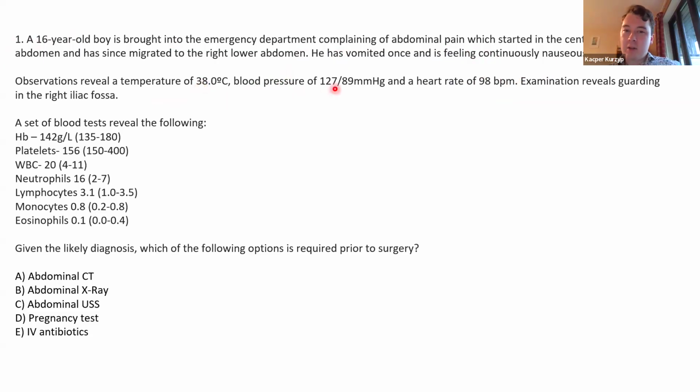Fever, yes, but the blood pressure okay, heart rate decent. Guarding right iliac fossa. Here we have the initial blood tests. So we think that he will need surgery. Anybody wants to volunteer what he will need before the surgery?